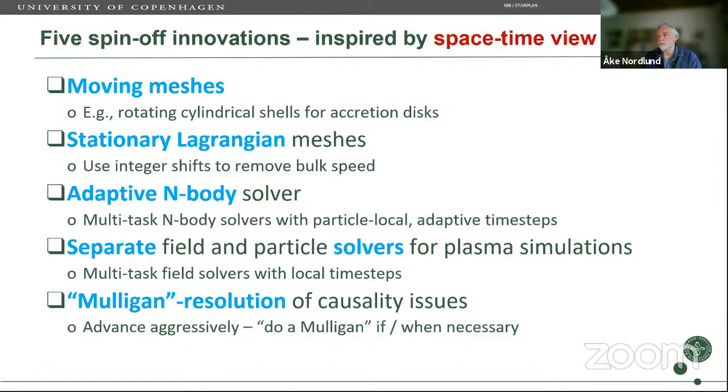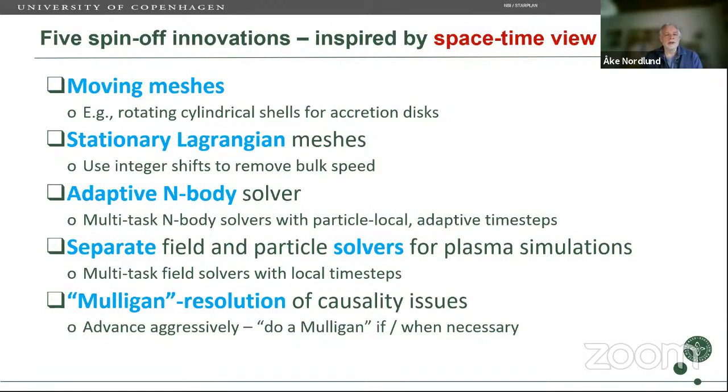For example, right now we are moving at 30 kilometers a second around the sun, but the sound speed in the early protoplanetary disk of the solar system was only about 1 kilometer per second or so. So one gains a factor of 30 by moving around with the Kepler speed.